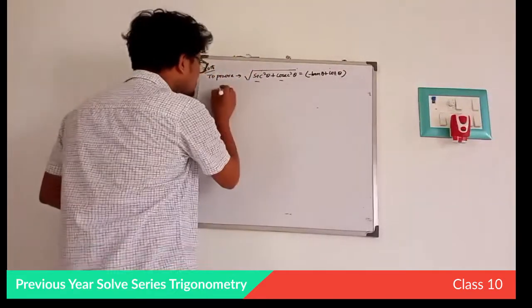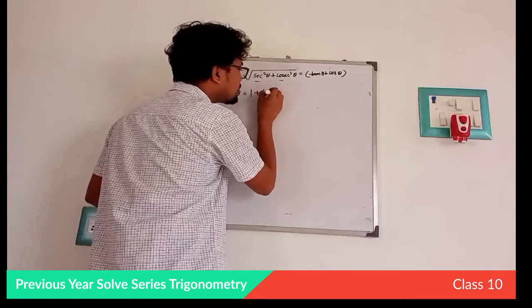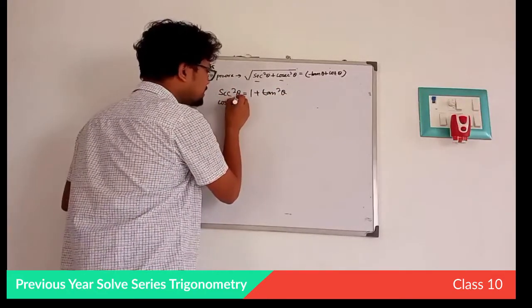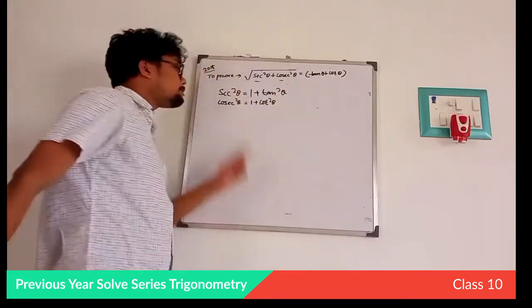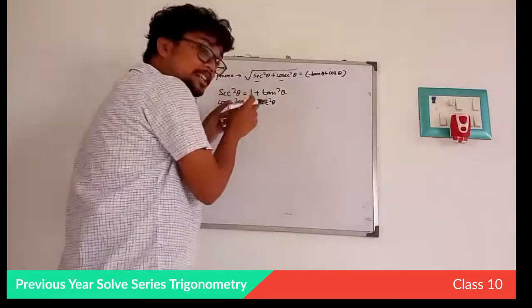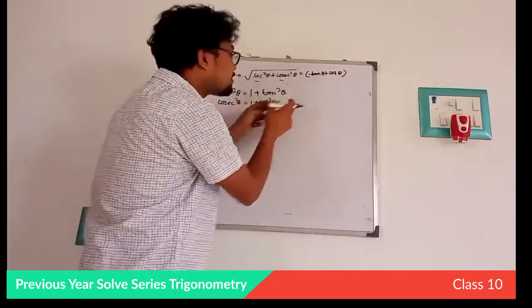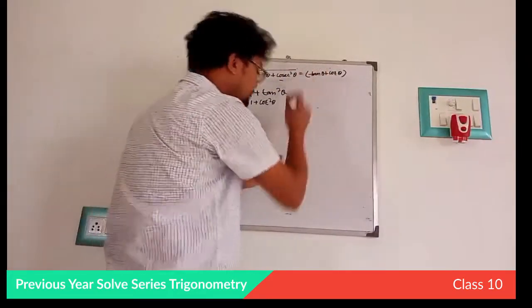What is it? We know that sec square theta equal to 1 plus tan square theta, and cosec square theta equal to 1 plus cot square theta. Fine. So in this way, sec theta and cosec theta are converted into tan theta and cot theta, which is our desirable proof material.